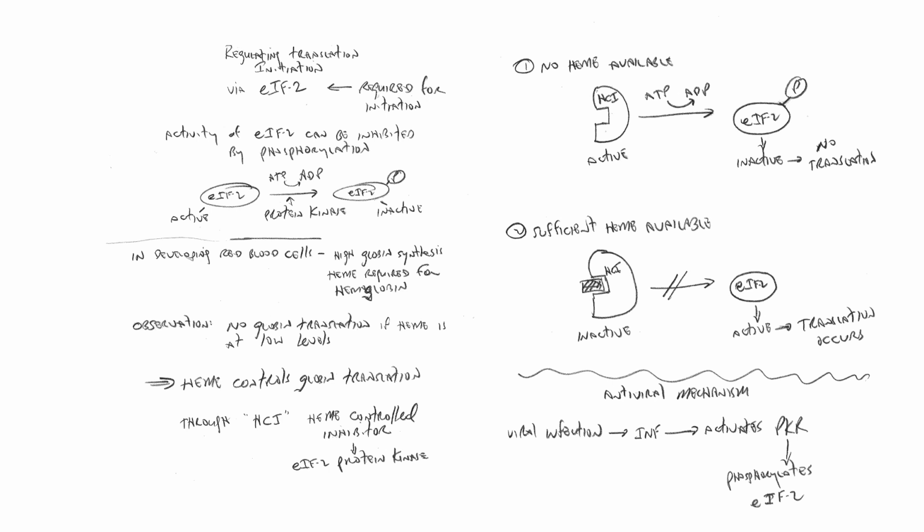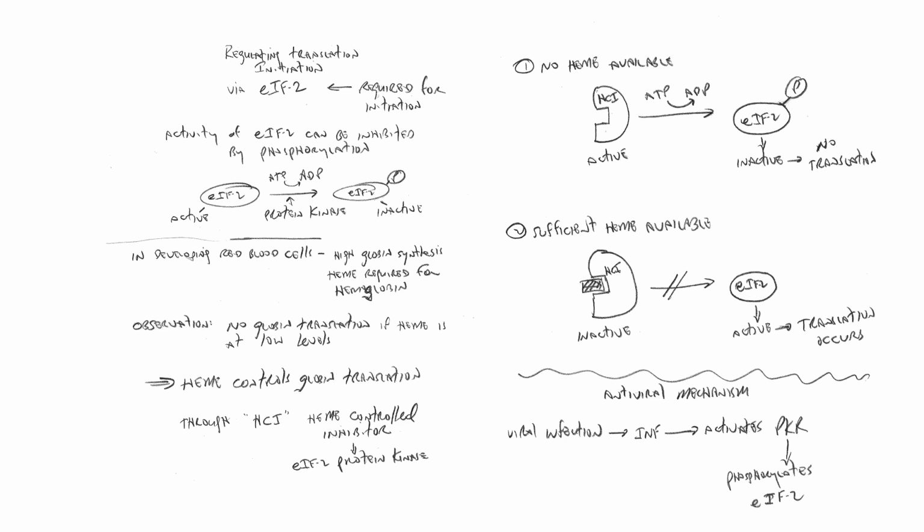The example I gave you with the red blood cells, and the reason why you can afford to turn off EIF2 in those cells, is, I should say, not a very commonly occurring way to regulate, because it's kind of a brute force thing. But it can happen in the developing red blood cells because all they're producing is globin.